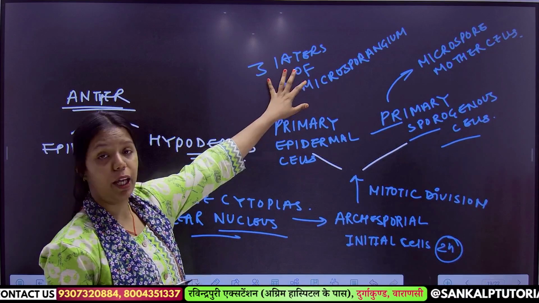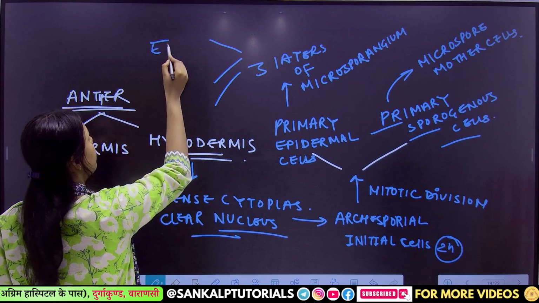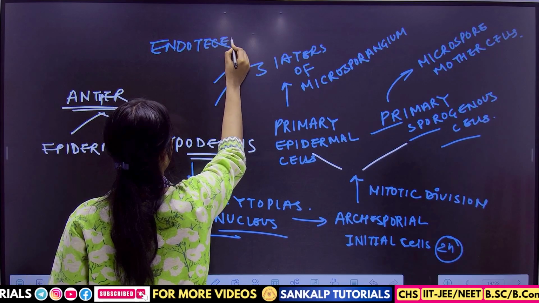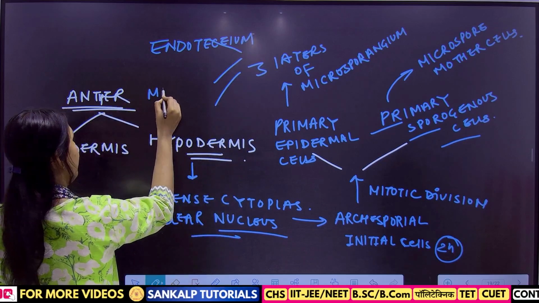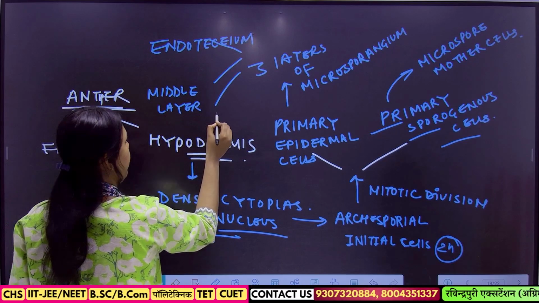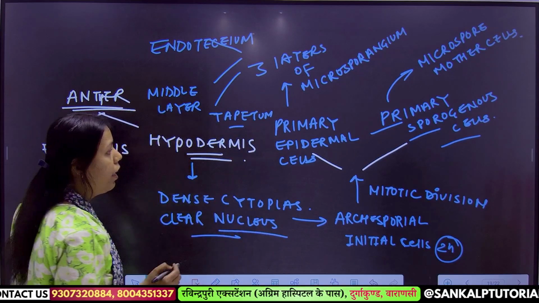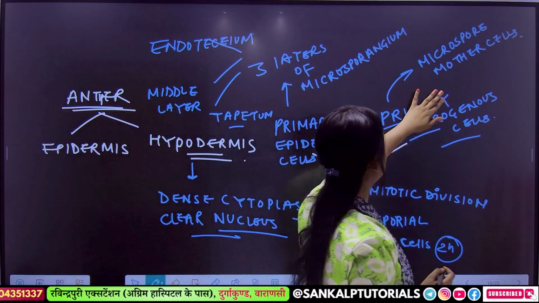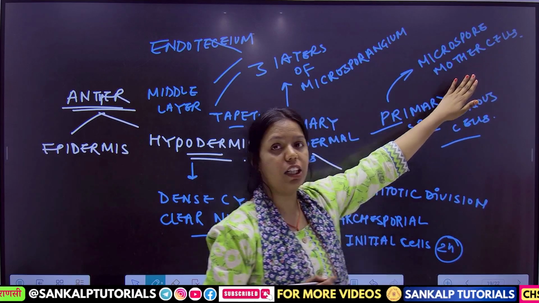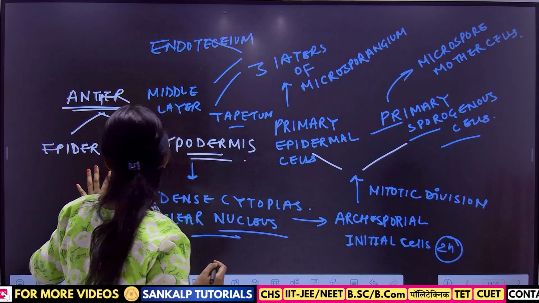These three layers of the microsporangium are known as endothecium, middle layer, and tapetum. And the primary sporogenous cells, which further divide to form microspore mother cells, again go for meiotic division and form microspores.